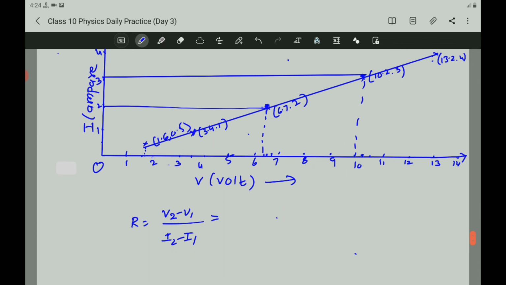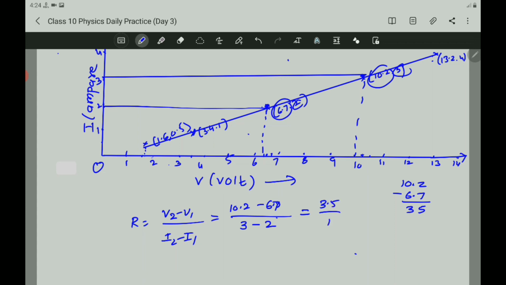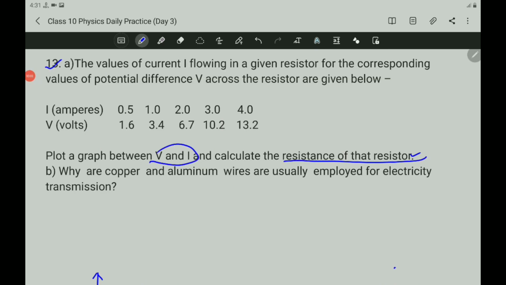So you take 10.2 minus 6.7, divided by 3 minus 2. 10.2 minus 6.7 is 3.5. So 3.5 by 1 equals 3.5 ohm. You got the graph and also the resistance of that resistor.